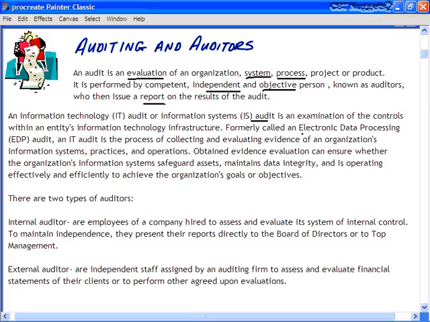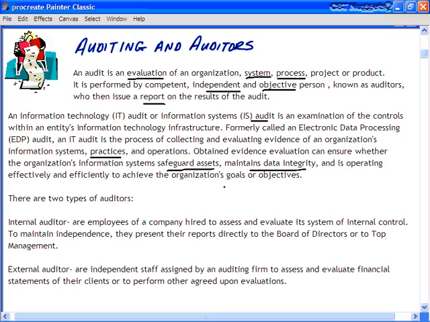But the IT audit is collecting and evaluating evidence of an organization's information system, their operations and their practices, their policies and their procedures. We gather this evidence to evaluate if the organization's information systems are properly safeguarding their assets, maintaining data integrity, and operating efficiently and effectively to reach the organization's business goals or nonprofit goals. That is the basic idea of what an auditor does.